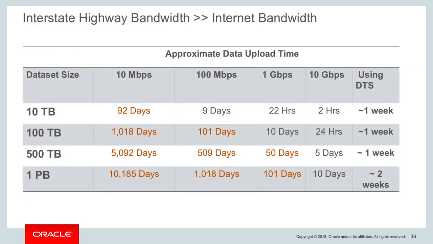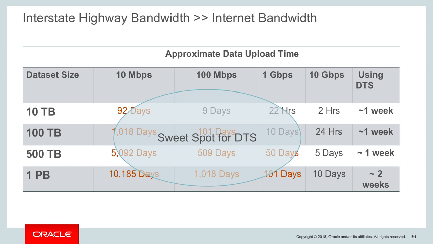Right. So just to give an idea, this is a chart that shows how much time it will take to upload data using the internet, right? So if you have 10 terabytes of data, if you go over a link that is 10 megabits per second, it might take you 90 days to do that. If you go to a link of 1 gigabit per second, maybe in 22 hours you can upload those 10 terabytes of data, right?